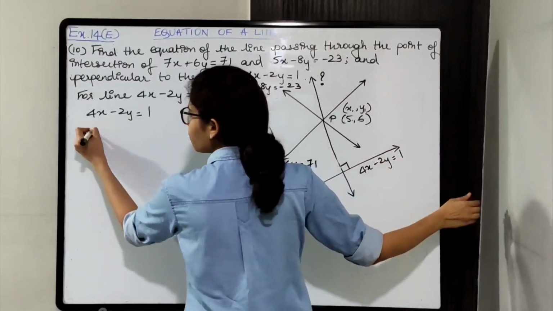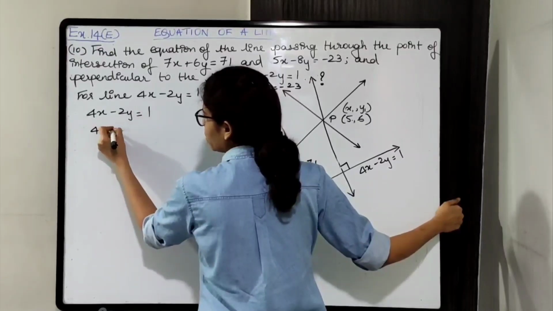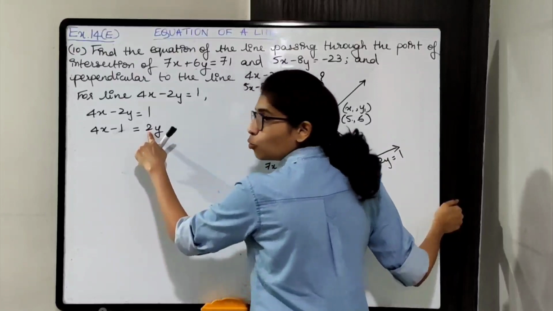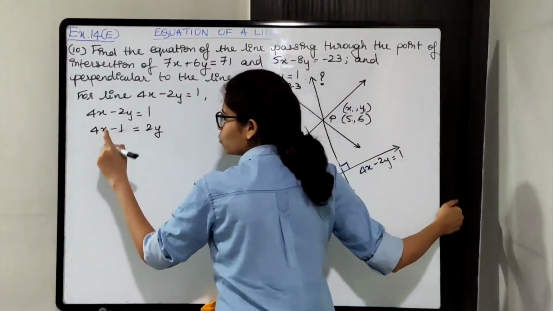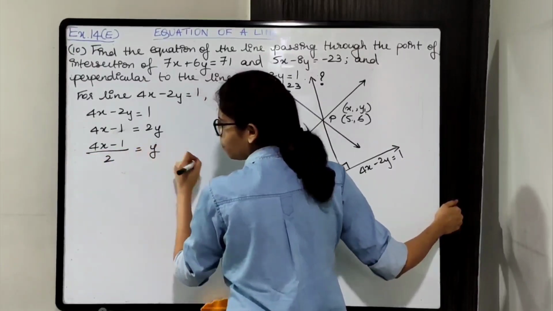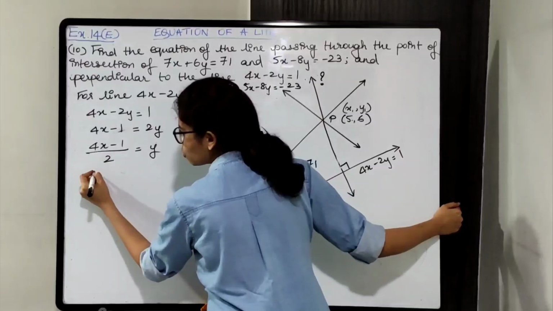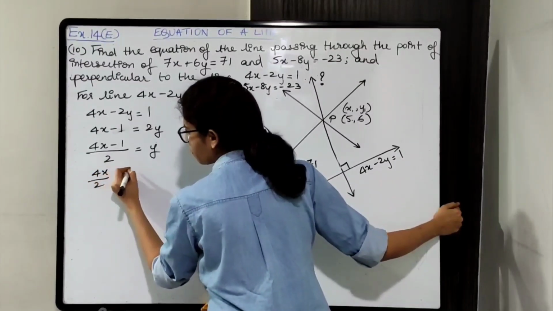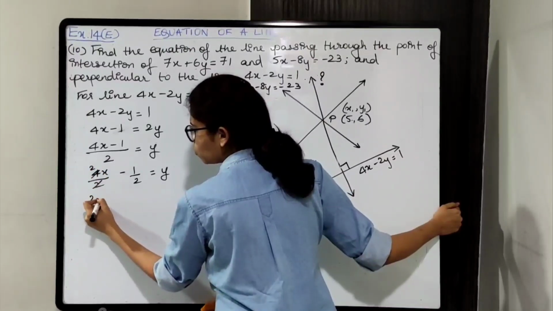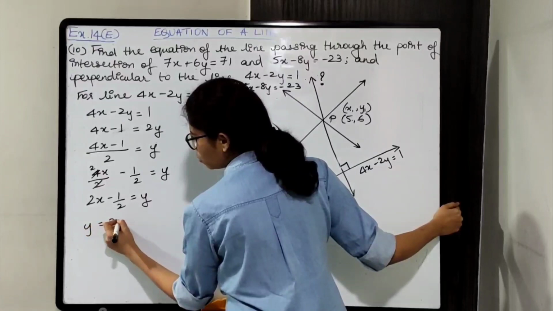So we'll shift this over here, to the RHS, and shift 1 to the LHS. The coefficient of y should be 1, so let's shift 2. Okay, divide by 2, it is the denominator of 4x also and of 1 also, so 2 2s are 2x minus half is equal to y, that is y is equal to 2x minus half.